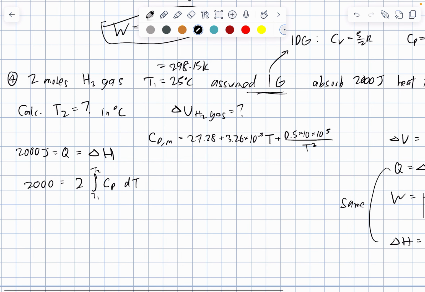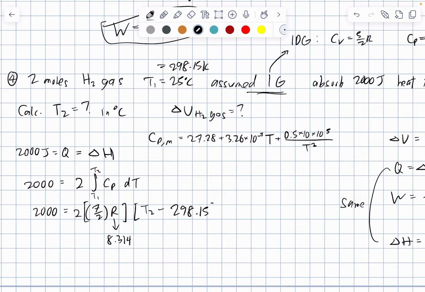Here, let me show you. So 7 over 2 R is the Cp, and then this one and this one would be rewritten as T2 minus T1, and then equate to 2000. So this R is the 8.314. Okay? So everything is in SI units. The T1 is what? 298.15 Kelvin. Solve for T2.